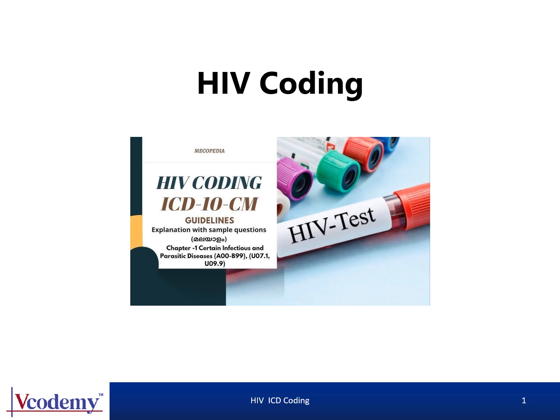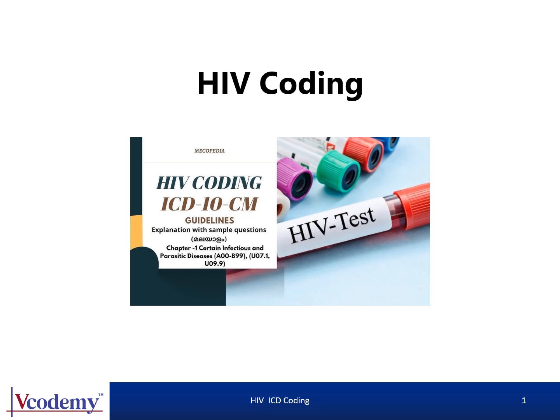So before we start off on the coding guidelines for HIV, do you know the difference between HIV and AIDS? Human immunodeficiency virus, that is HIV, is the virus that causes acquired immune deficiency syndrome, which is AIDS.